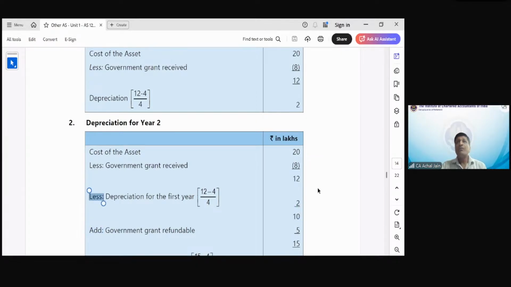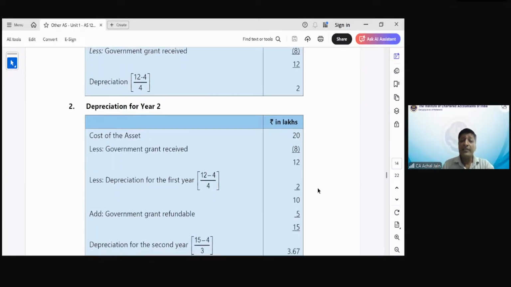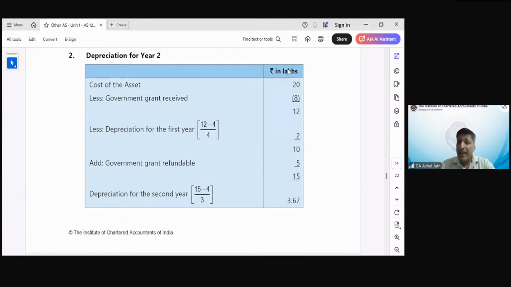Now, when the grant is refunded by 5 lakh, what will you do? You will increase the value of the asset. So to this 10 lakh, you will add 5 lakh, 15 lakh. Okay. Now, residual value doesn't change.